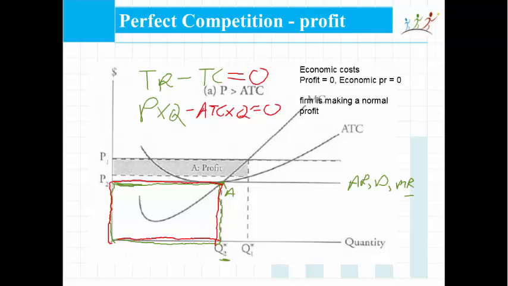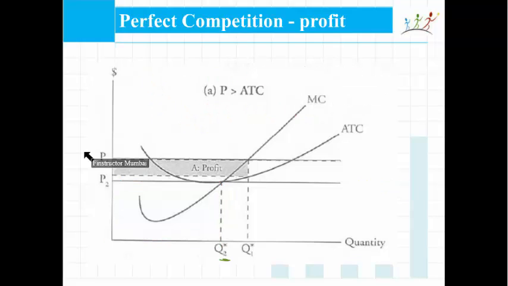Let's assume that there is a big drought in the world and vegetable production is badly hit. So what happens is that the prices of the vegetables have gone up to P1 such that the market demand curve is now looking like the horizontal line from P1.